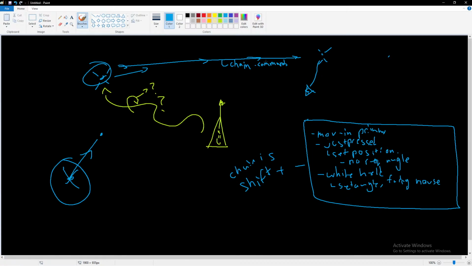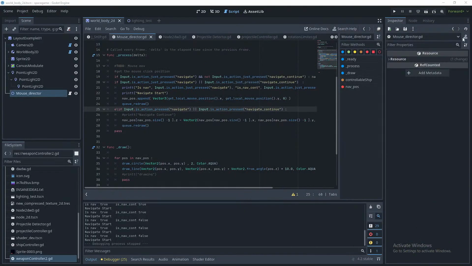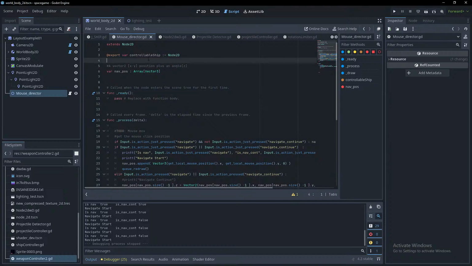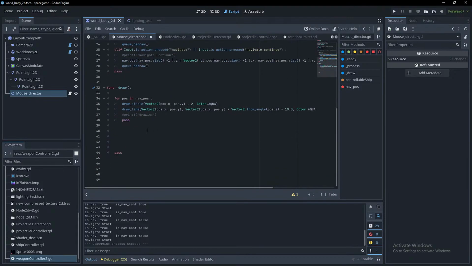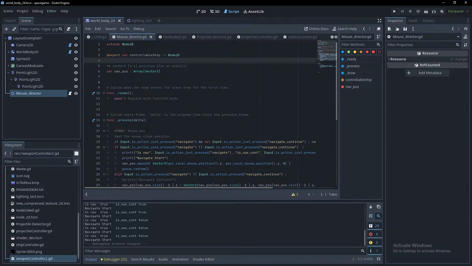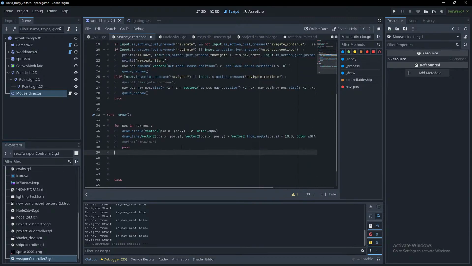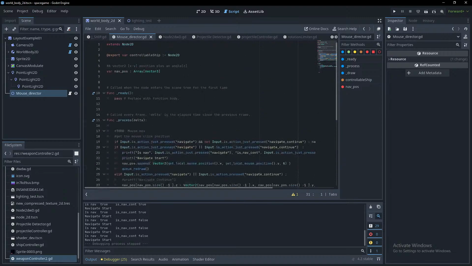We hold shift, we're chaining them together. And that's good. So everything's chaining, which is good. Now, we're also going to, I think that's all we're going to do for now.